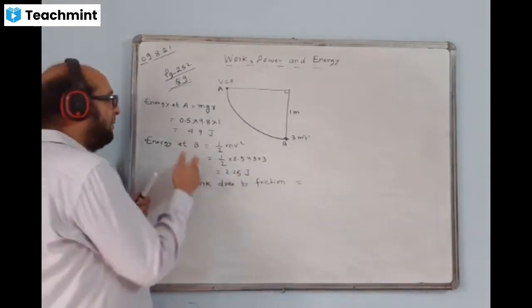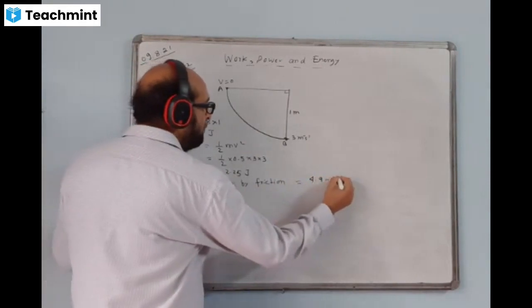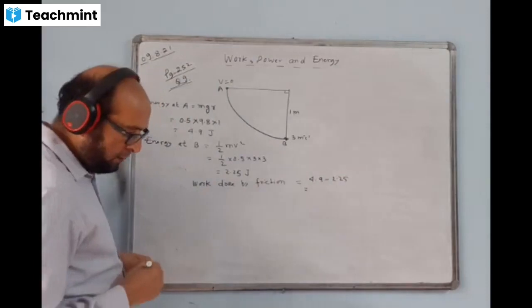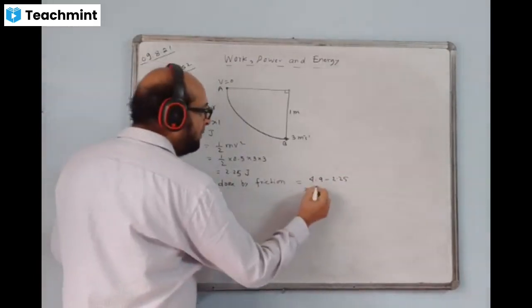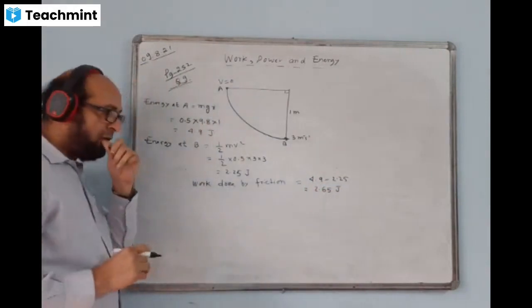Loss of energy is the work done by friction. 4.9 minus 2.25. What is the answer? 2.65 Joule. Finish.